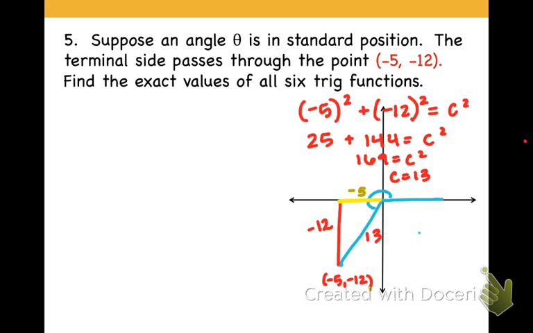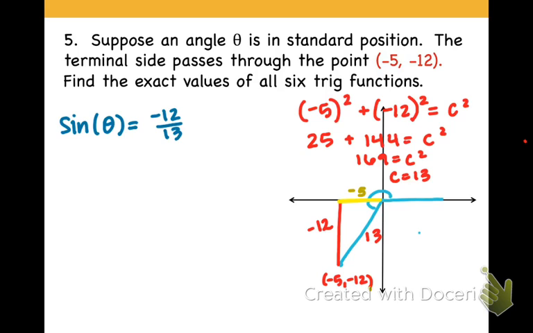So what we can do is use the ratios for our 6 trig functions and write what they are. This whole angle in blue is theta, but using the reference angle and the reference triangle, I can say that sine of theta is -12 over 13. And because we're in the 3rd quadrant, it should make sense that sine is negative.